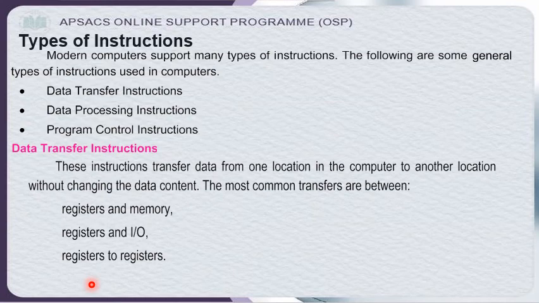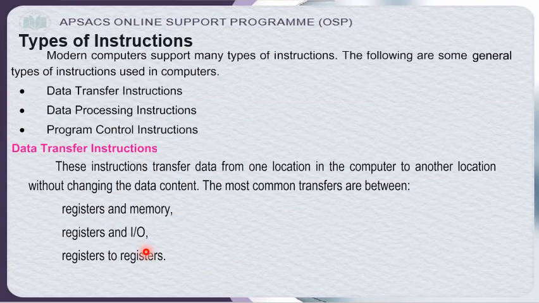Data transfer instructions transfer data from one location of the computer to another location without changing the data content. The most common transfers are between register and memory, register to input-output devices, or register to register.